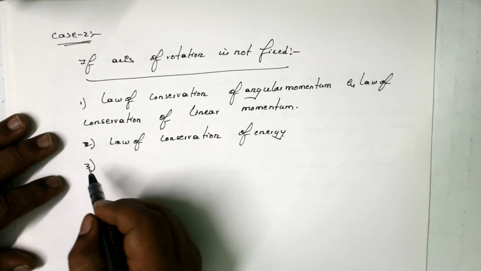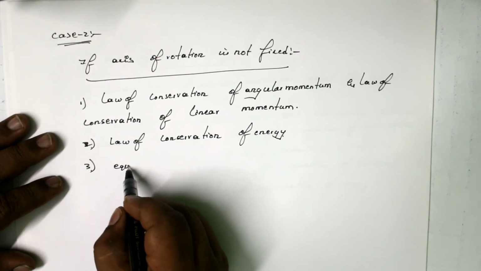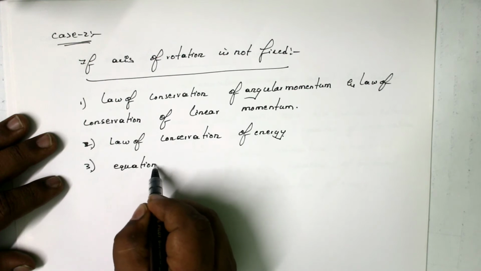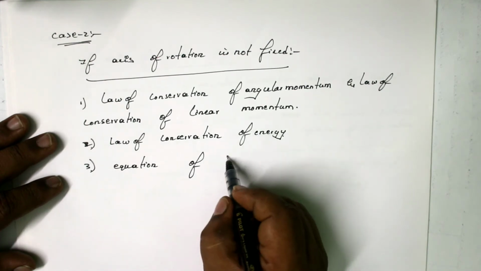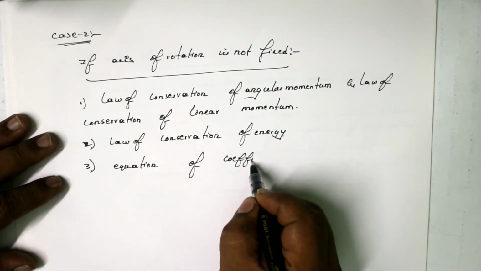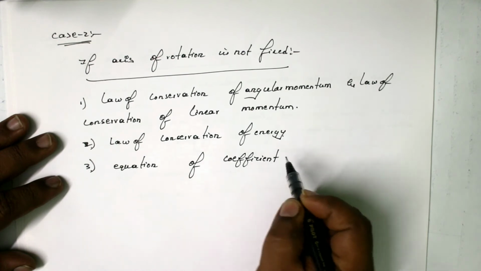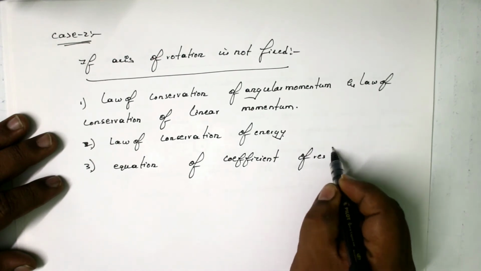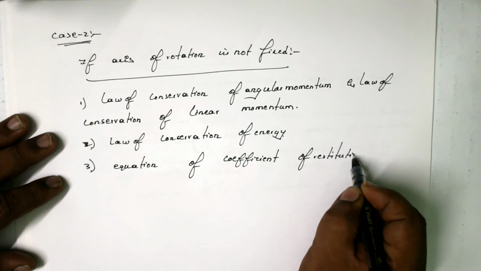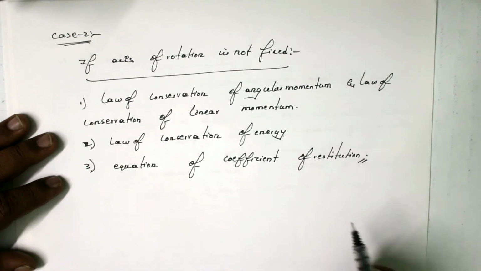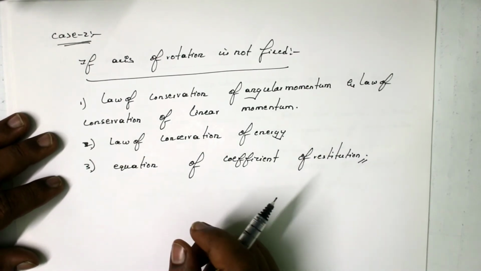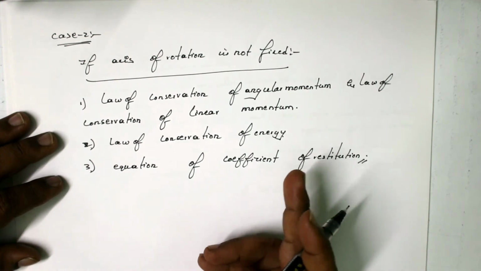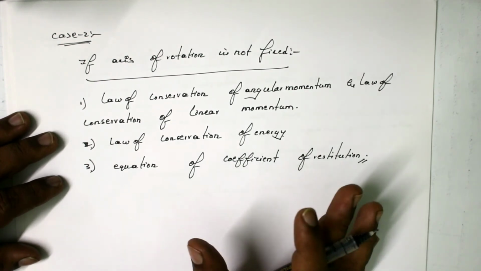Similarly, I can use the equation of coefficient of restitution. So these are the considerations which I have to use depending on whether the axis of rotation is fixed or not fixed.